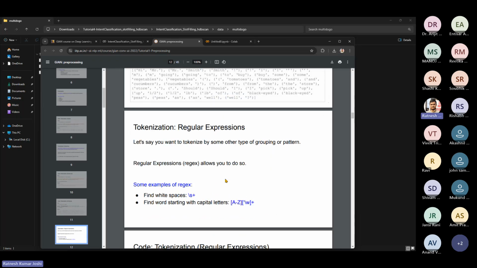Now, another important factor in parsing our text for natural language processing is regular expression, right? So what regular expressions will do is allow us to basically format our input into a specific kind of structure, right? So for example, a phone number you can say is a 10-digit number starting from maybe 6 or a higher number, right?